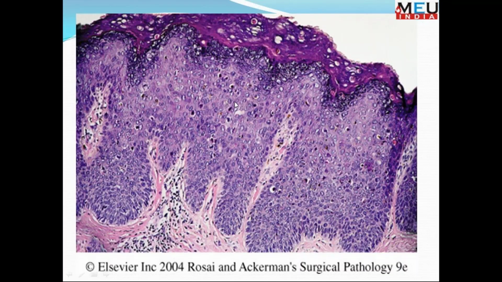Now, this is the picture of vulvar intraepithelial neoplasia. You can see the whole epithelial layer of the vulva is involved. However, the basement membrane has not been penetrated, and we can see the hyperkeratosis, parakeratosis, and some acanthosis.